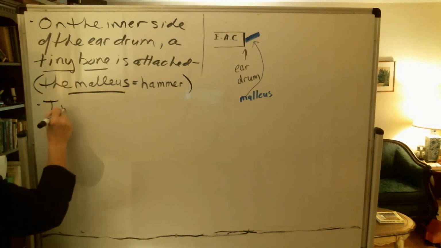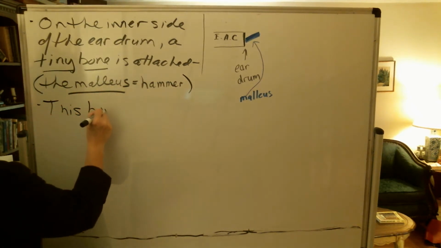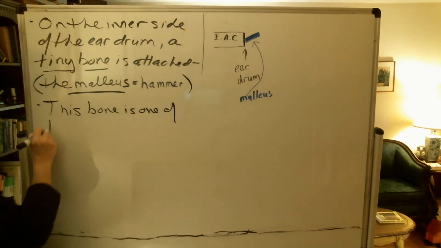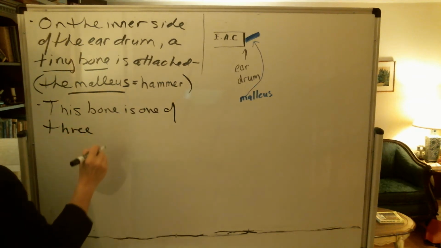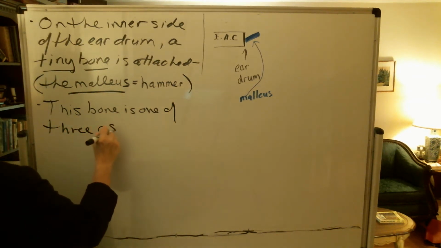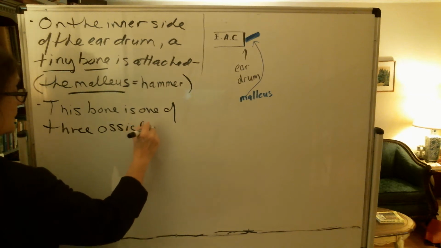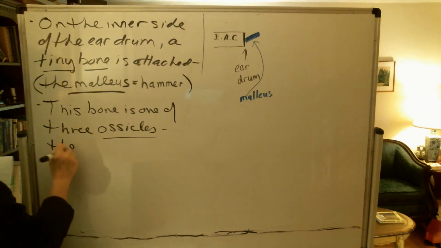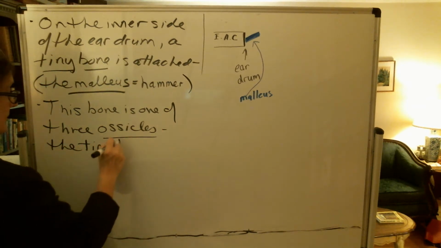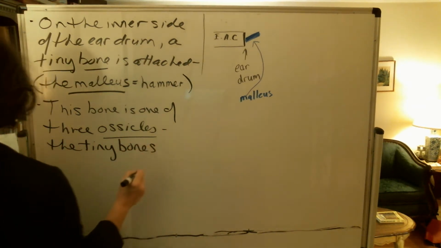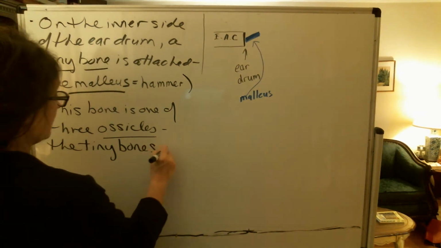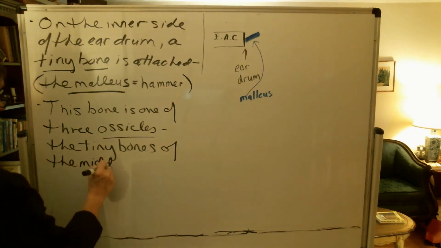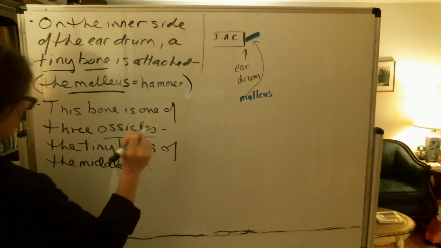And this bone is one of three what are called ossicles. And the ossicles then are the tiny bones of the middle ear.